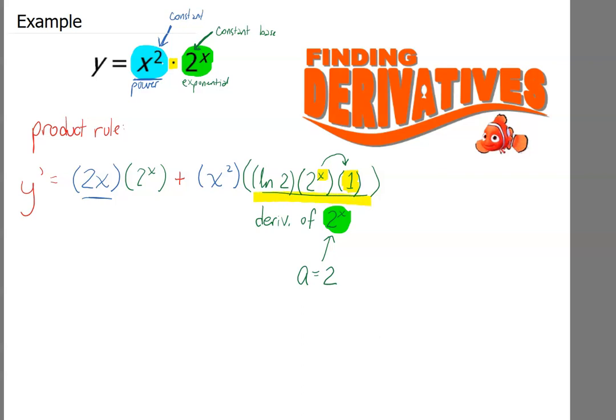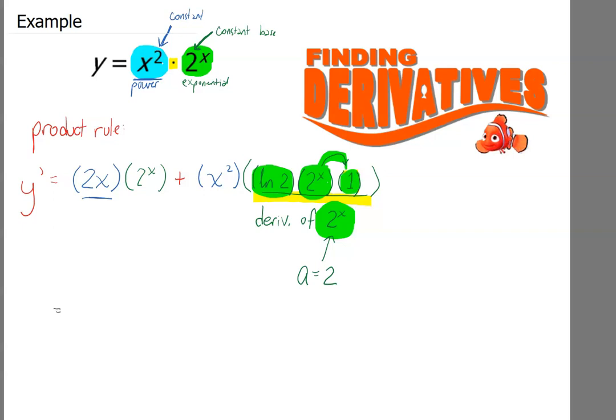And for the gajillionth time, here's what we just did. I had 2 to the x. My base was a constant of 2, so I did natural log of 2. 2 to the x is an exponential function. It shows up as part of its own derivative. My exponent was x, and so a fixer piece, the derivative of x is 1.